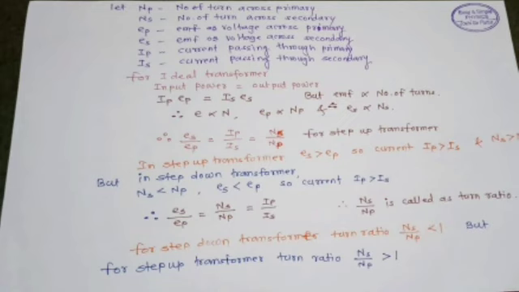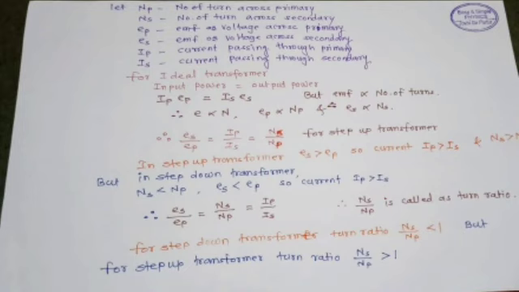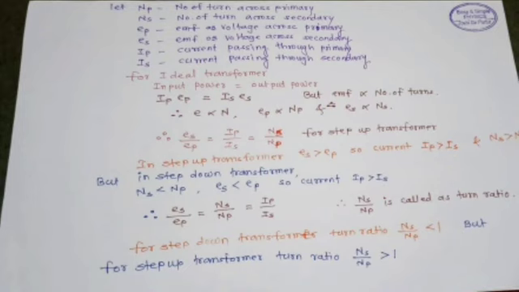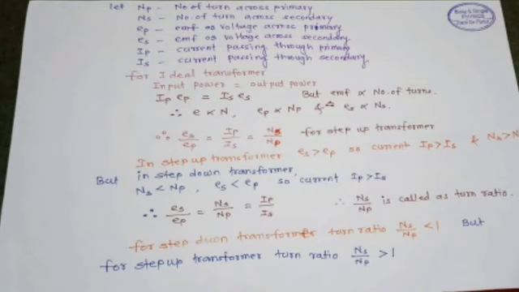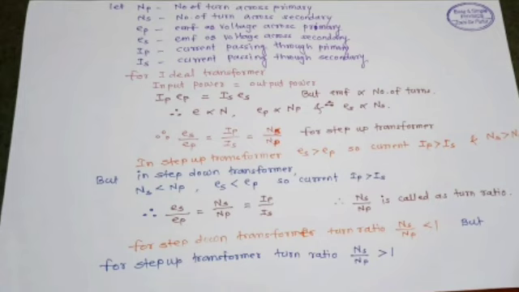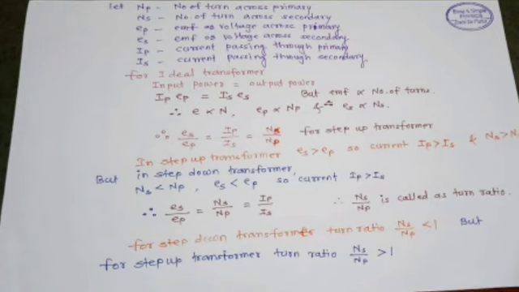IS is the current passing through the secondary. For an ideal transformer, input power equals output power. Therefore, IP EP equals IS ES. But EMF is directly proportional to the number of turns. So E is directly proportional to capital N. So EP is directly proportional to NP and ES is directly proportional to NS.